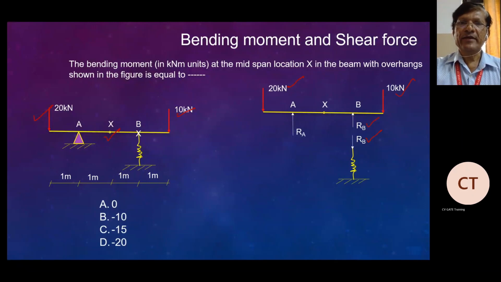Clear? So how can we calculate? Taking the moment at A, RA into the distance of 2 meter will be there. This force and this force will be acting in the anti-clockwise direction here, and RB also acting in this direction. Only thing, 10 into this one will be acting. So calculate.